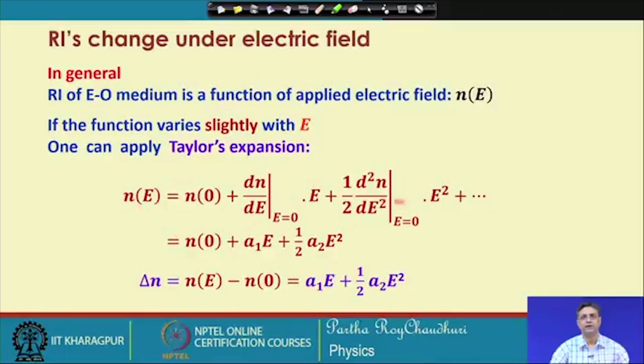If you apply a Taylor expansion and retain only the first three terms, then you can see that the change delta n can be written as n e minus n o, which is equal to a 1 E plus a 2 E square, where I have written a 1 for this and a 2 for this del 2 n by del E square at E equal to 0. So, we can represent this change in the refractive index by writing these E and E square dependent terms.